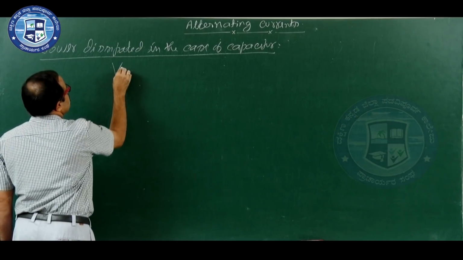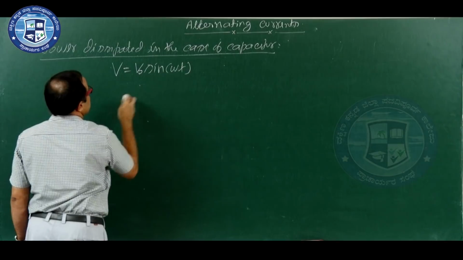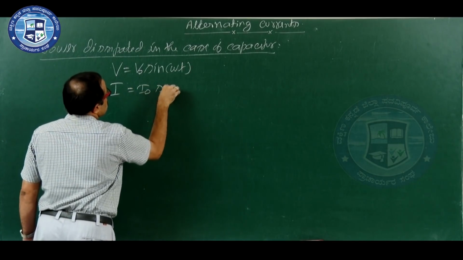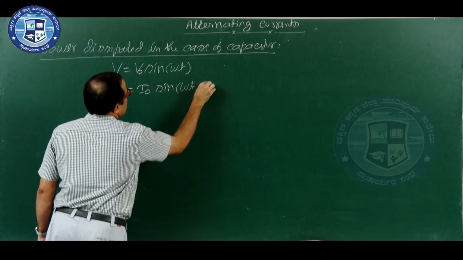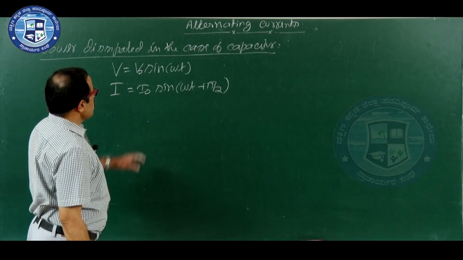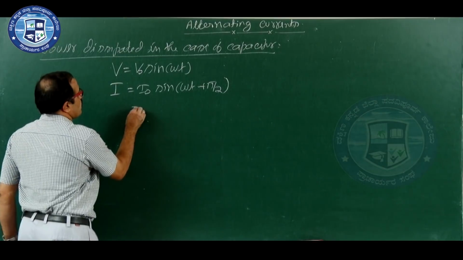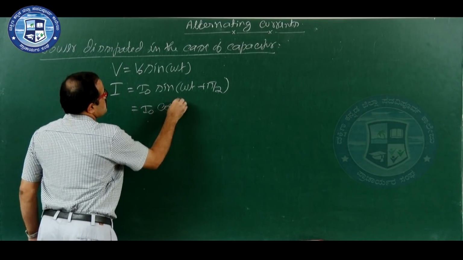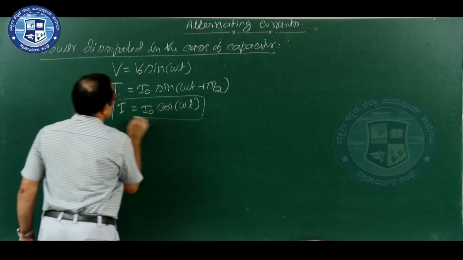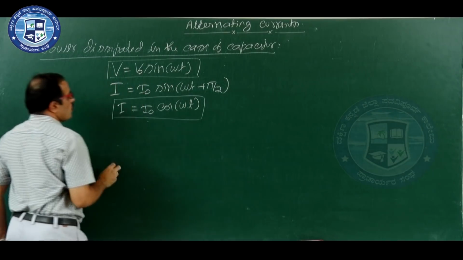In the case of a capacitor, V is given by V naught sin omega t and current is given by I naught sin(omega t plus pi by 2). But we know sin(90 plus theta) is cos theta. Therefore, it is I naught cos omega t. It is the equation for current, and that is the expression for voltage.